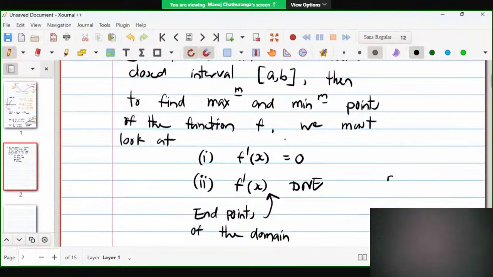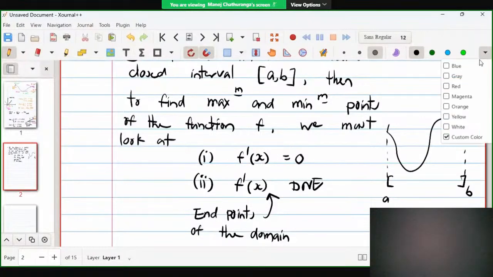Because if the domain is something like [a, b], the graph of this function may look something like this.